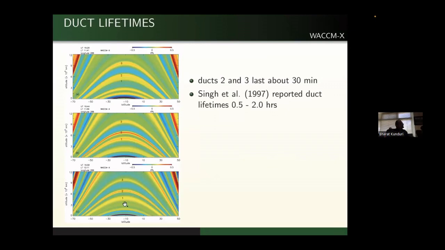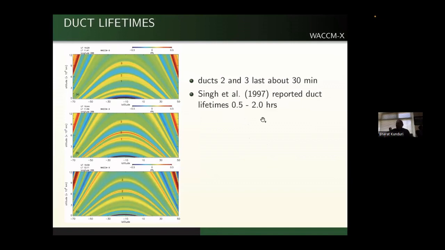And then down here, we again have 1, 2, and 3. So there are still some ducting features 15 minutes later. So for 2 of the ducts, they seem to live about 30 minutes and 1 maybe 15. So 30 minutes is pretty much the most we've seen. I haven't done an exhaustive study yet, maybe 45, but there have been reports that these ducts can last a half hour to 2 hours.